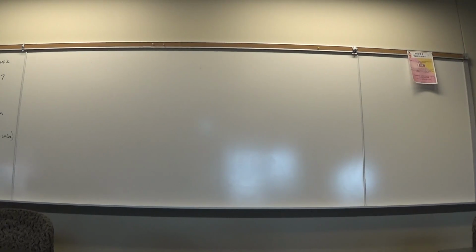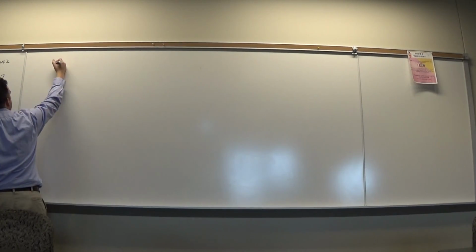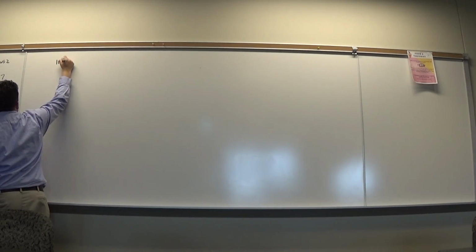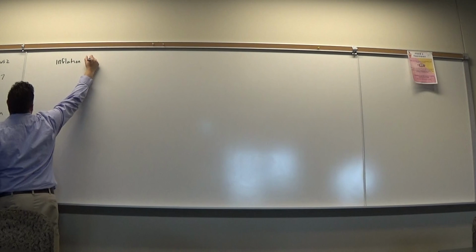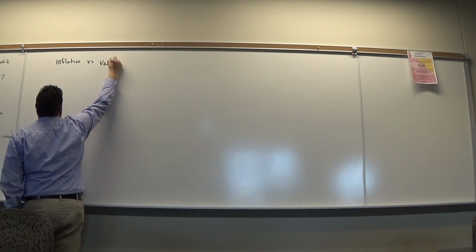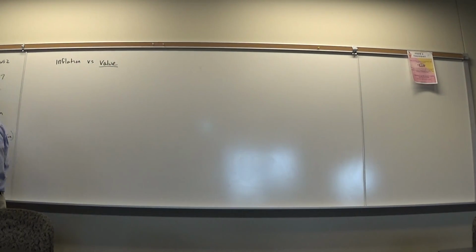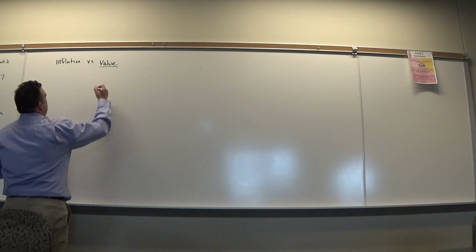Okay, so when we left off, we were looking at inflation and the value of money. I introduced it as a new model. I'm going to call it the value model, even though it's still just a type of money market. I just want that distinction so we know which type of money market we're using.